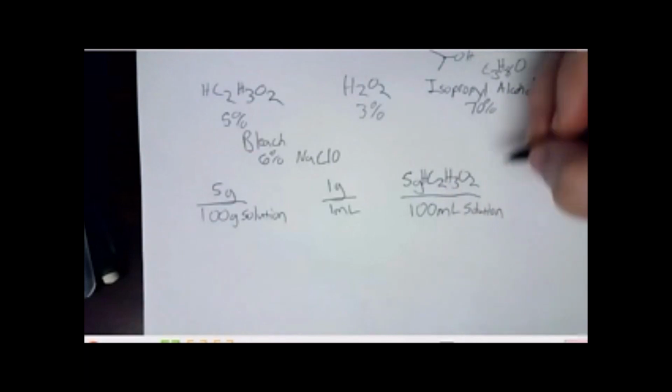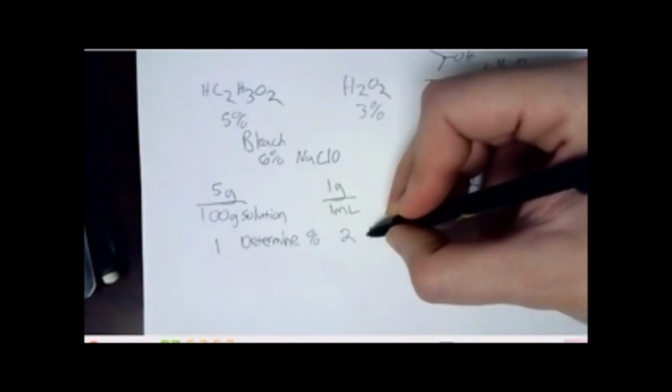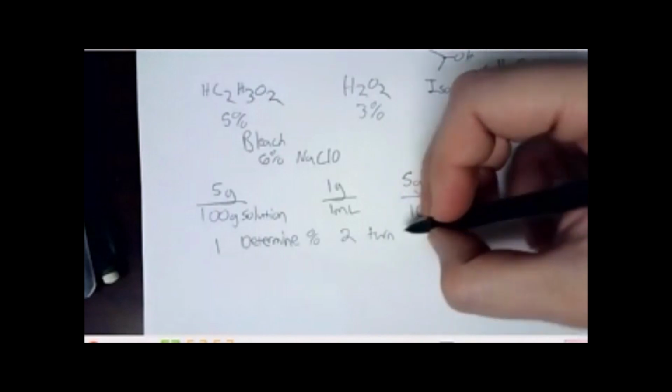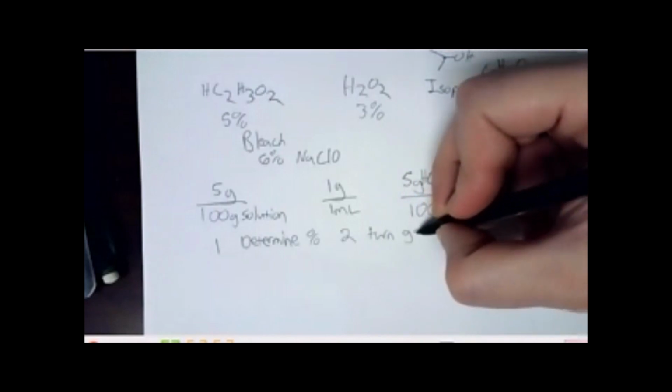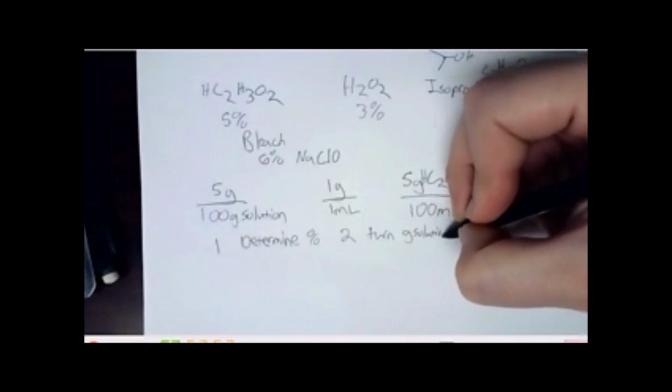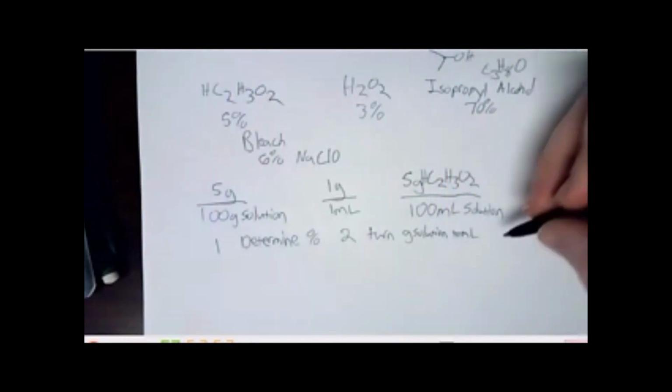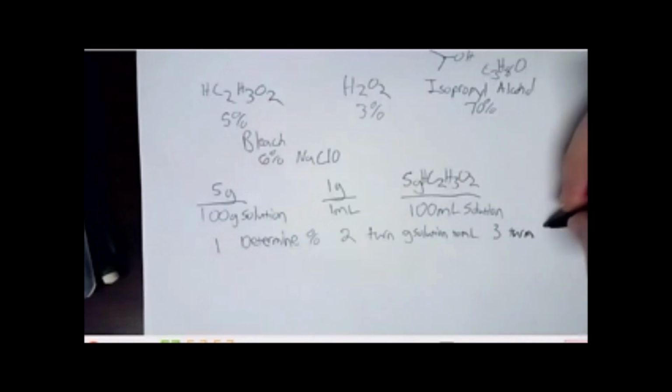With that in mind, you're going to have a couple steps. Step 1, determine percent and set up ratio. 2, turn grams solution to milliliters. 3, turn milliliters to liters.